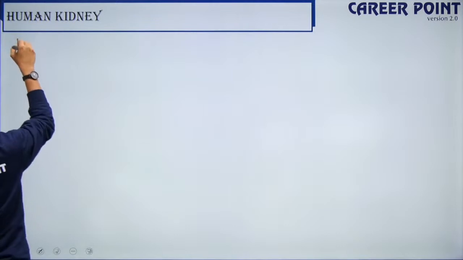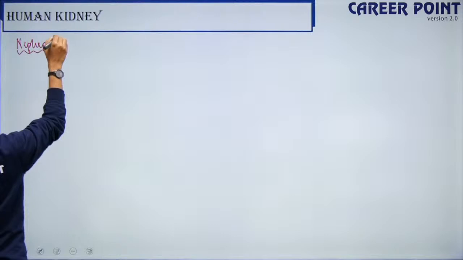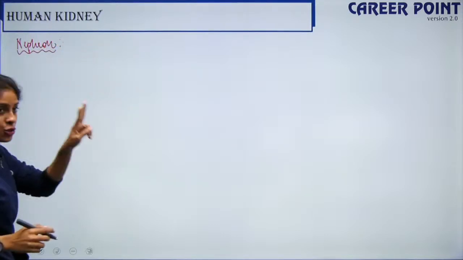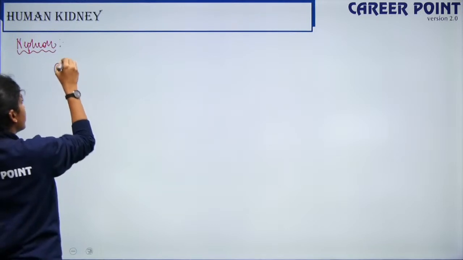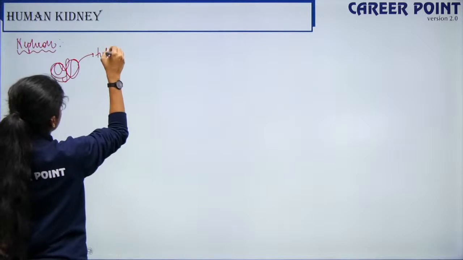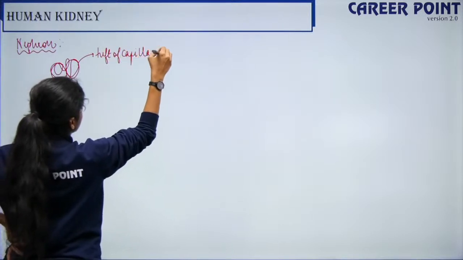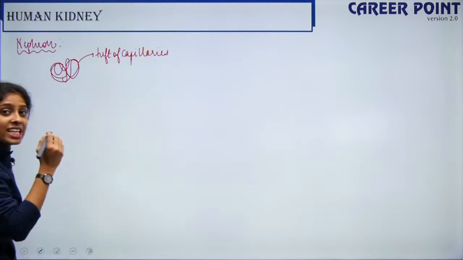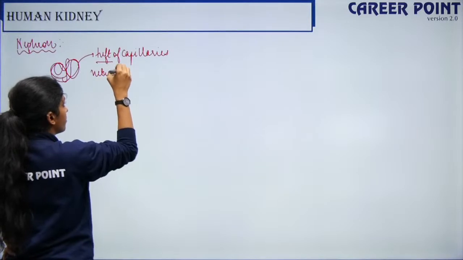We are talking about the structure of the nephron. The nephron has 2 parts. One is the Malpighian corpuscle, where we have a tuft of capillaries. The word tuft means network.